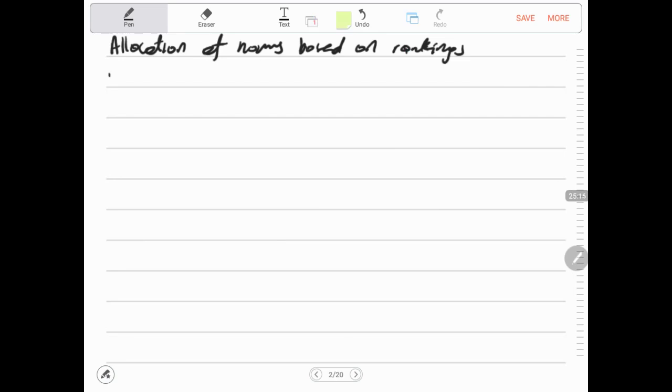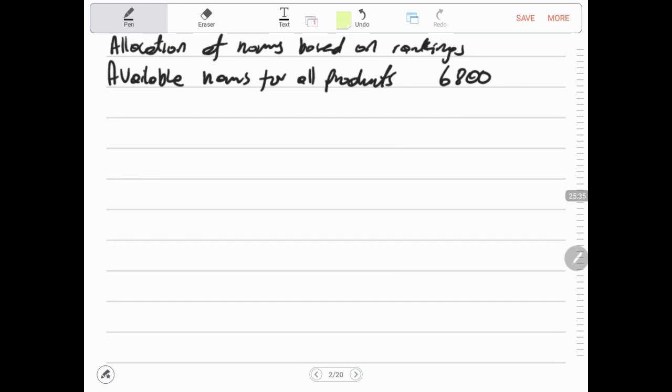Now we need to know how many hours are available. Available hours for all products. The hours that are available are 6,800 hours.